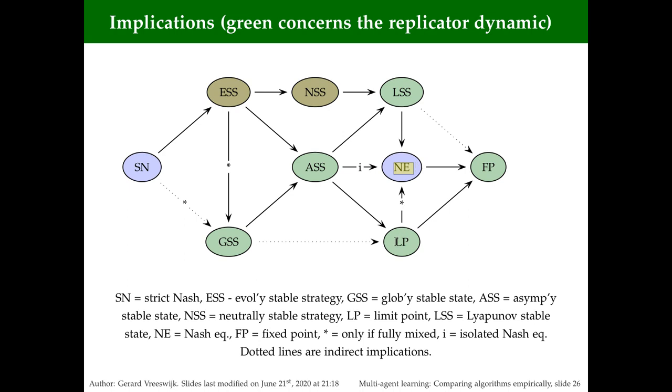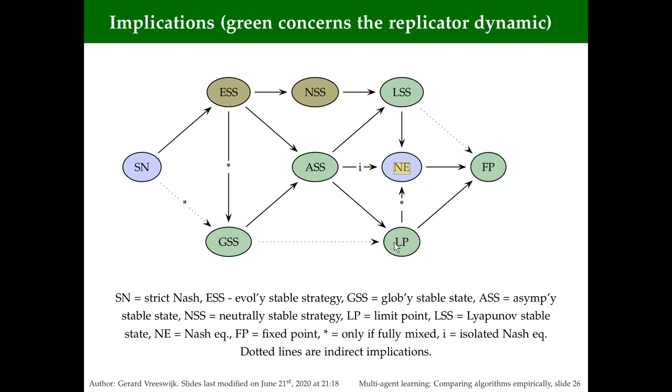I already explained it in the presentation on the replicated dynamic: if you work with the replicated dynamic, you should give all contenders a positive probability, because if you have convergence, there's not always convergence, but mostly there is, you are certain that you have arrived at a Nash equilibrium.